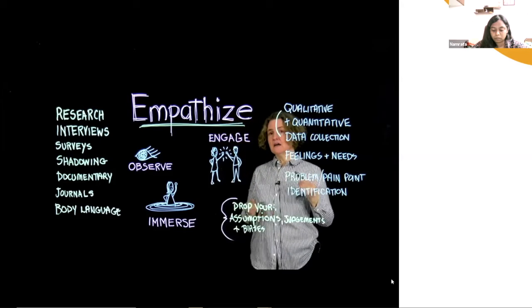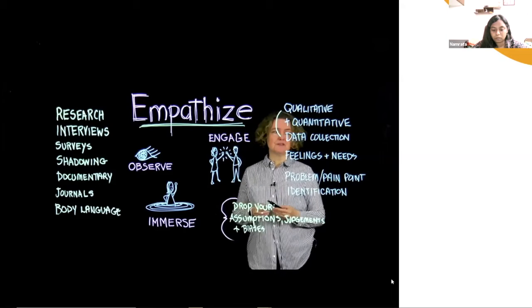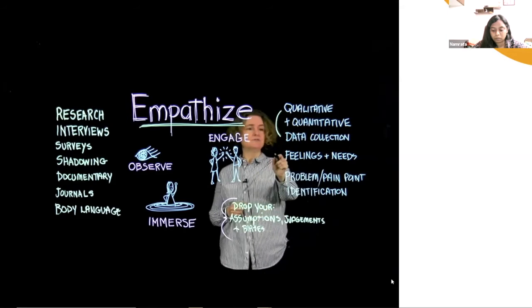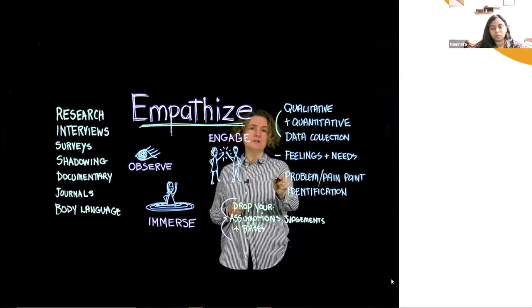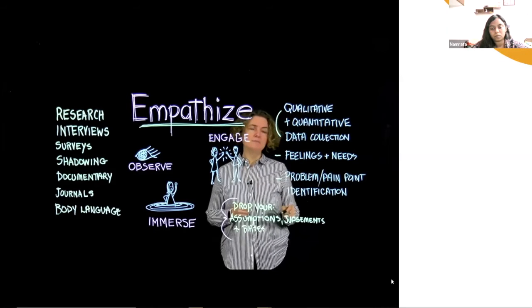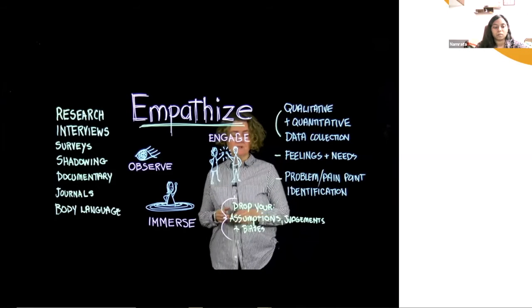Qualitative data is incorporating a lot of the visual observational research methods. We're trying to identify the feelings and needs of the humans we're designing for, and we're trying to determine problems or pain points in the delivery of our products and services.